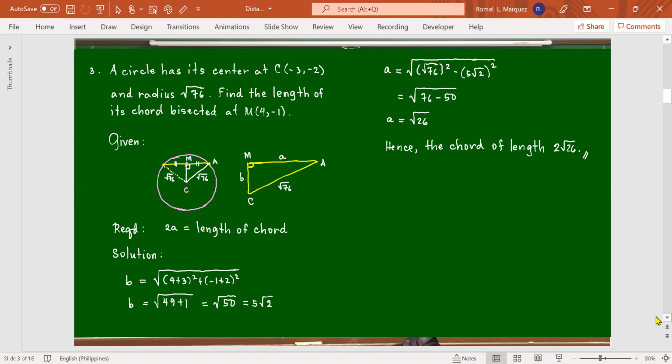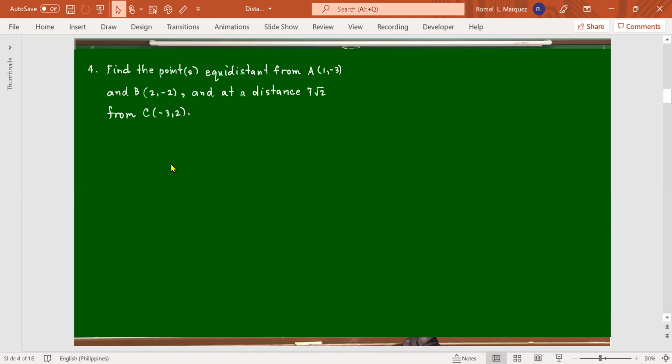So let's have another one. Find the point or points equidistant from A and B, and at a distance 7 square root of 2 from -3, 2. What do we mean by equidistant, guys? Same distance, sir. So there is an unknown point, no? Let us have a representation first.